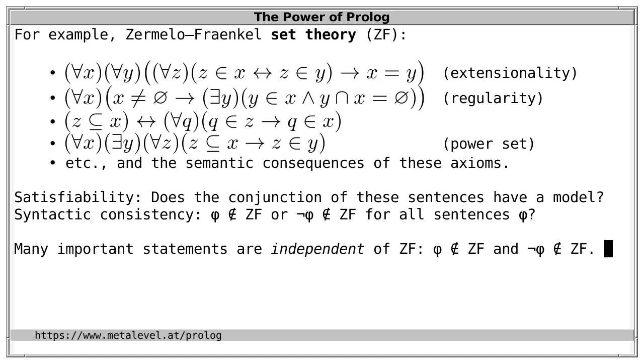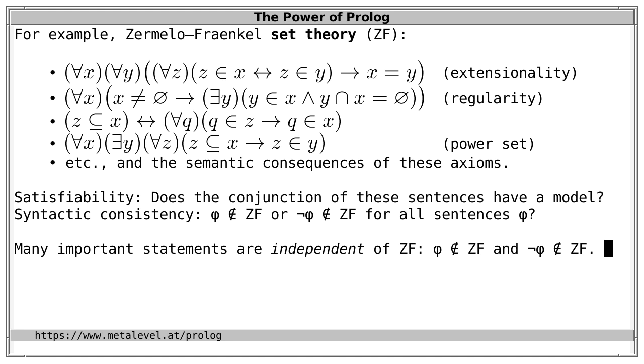For example, in 1938, Kurt Gödel proved that if ZF is consistent, then ZF plus the axiom of choice is also consistent. And in 1963, Paul Cohen used a then new and groundbreaking technique called forcing to show that if ZF is consistent, then so is ZF plus the negation of the axiom of choice.